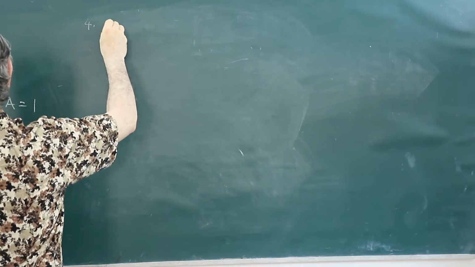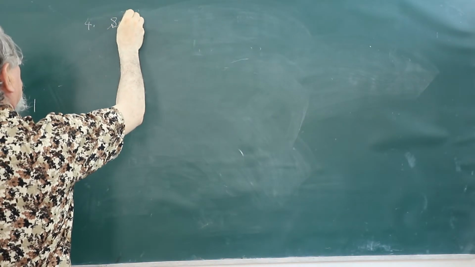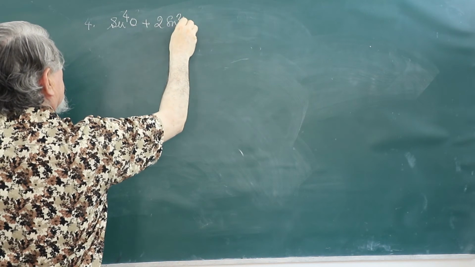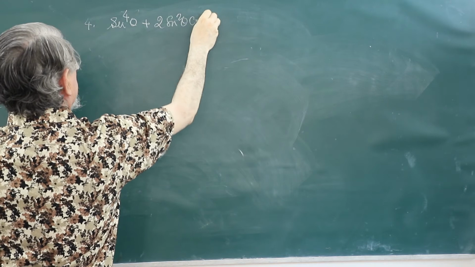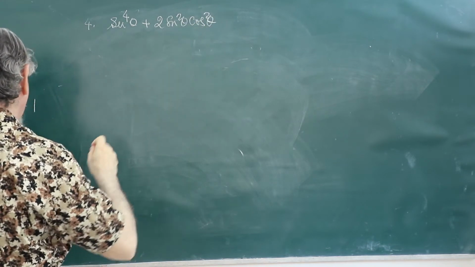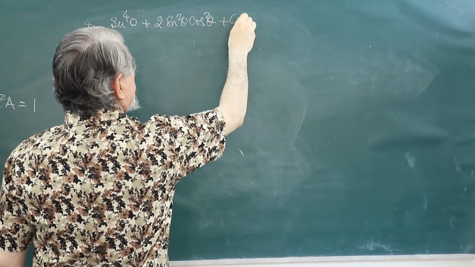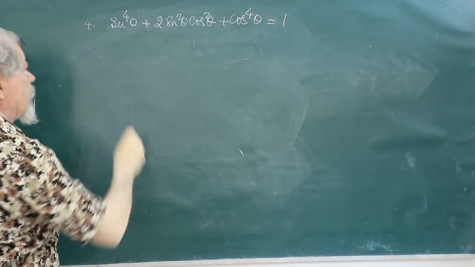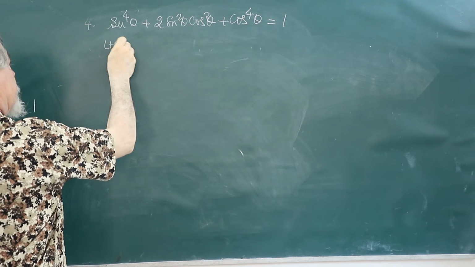Fourth one: sine 4 theta plus 2 sine square theta cos square theta plus cos 4 theta is equal to 1. Again, we will start from the left hand side.